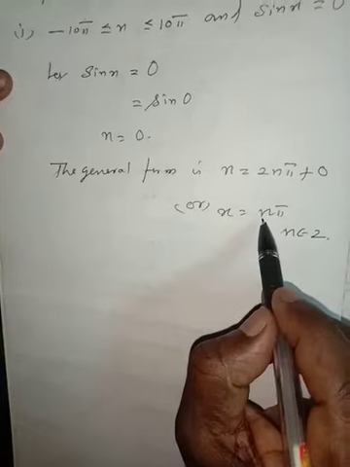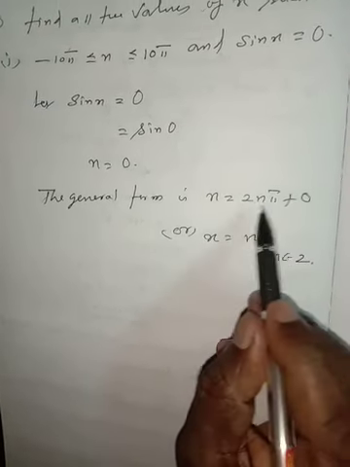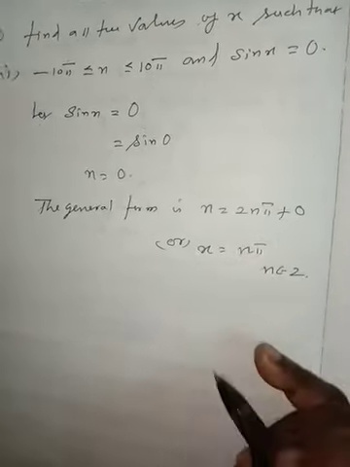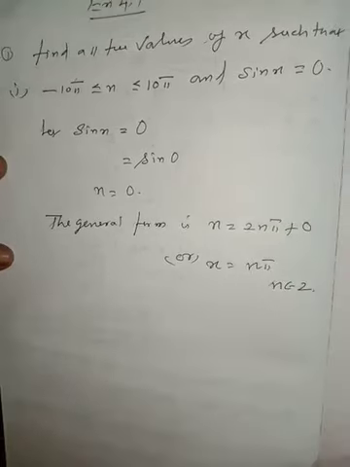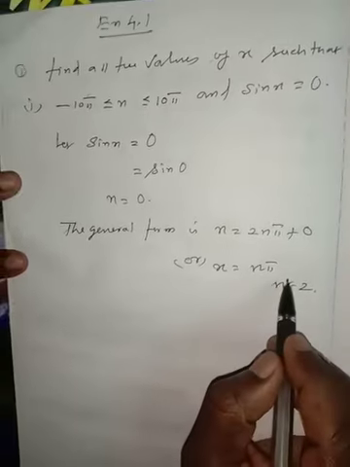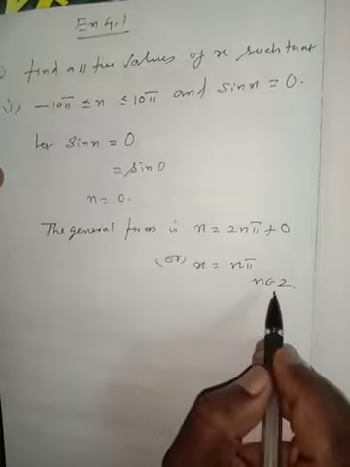So n multiplied by some constant 2 gives 2n pi. Now x is equal to n pi is the solution.